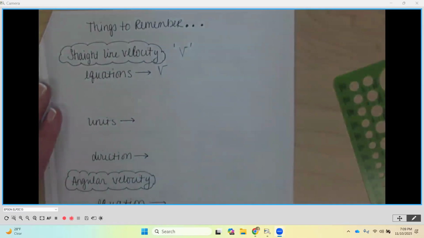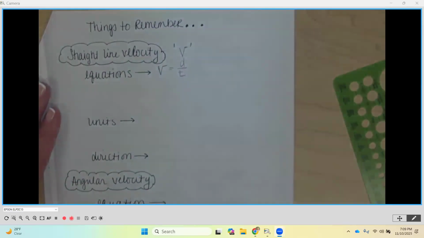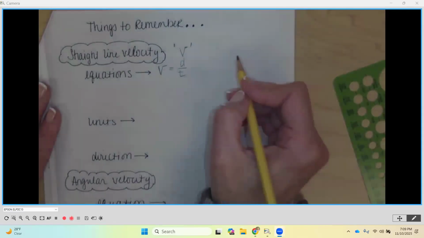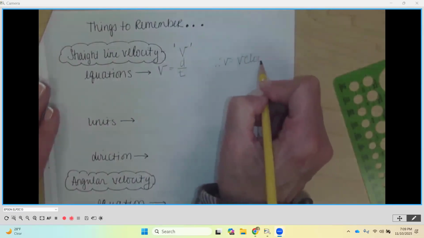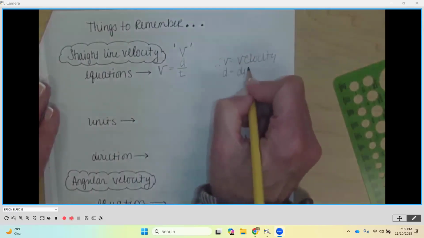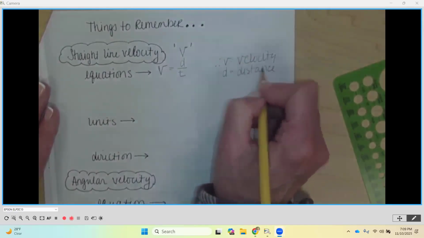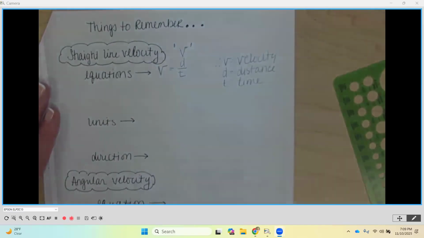One for rectilinear: velocity is equal to distance divided by time, right? It can be d over t, it can be s over t, it can be r over t, but distance divided by time, where v equals velocity, d equals distance, and t equals time, right?